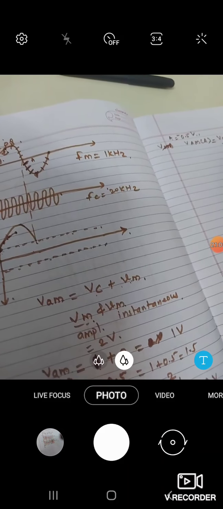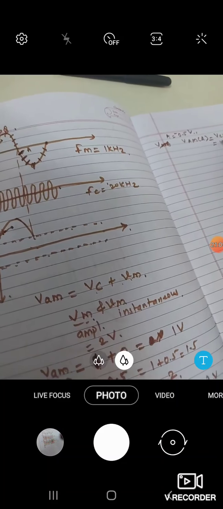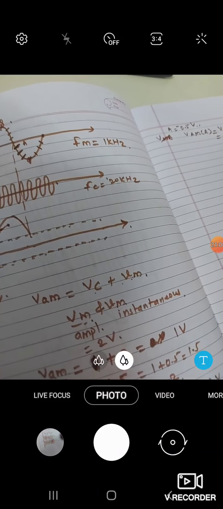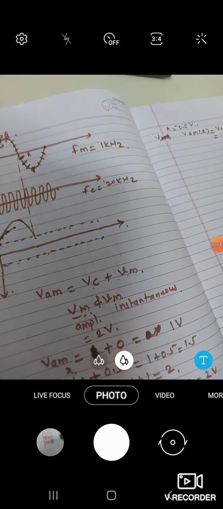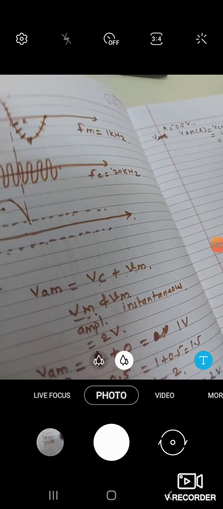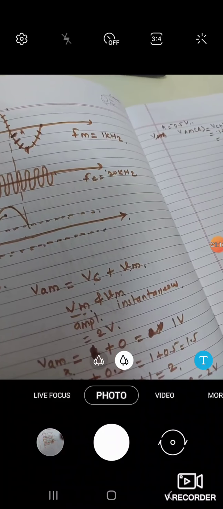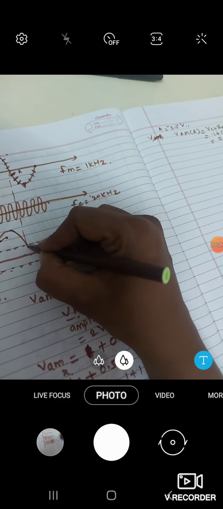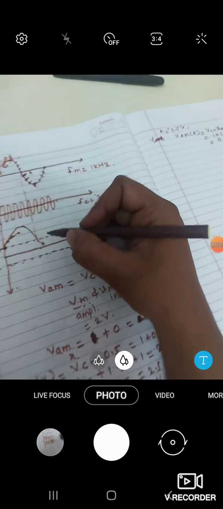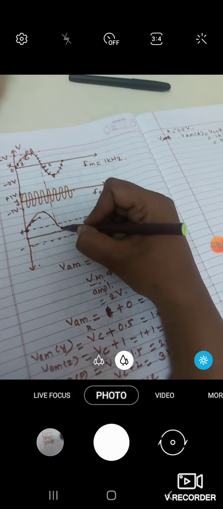Vc plus Vm. So Vc is equal to 1 volt plus minus 0.5. So it will become 1 minus 0.5, which is equal to 0.5 volt. That means the amplitude of our AM signal here is 0.5 volt.